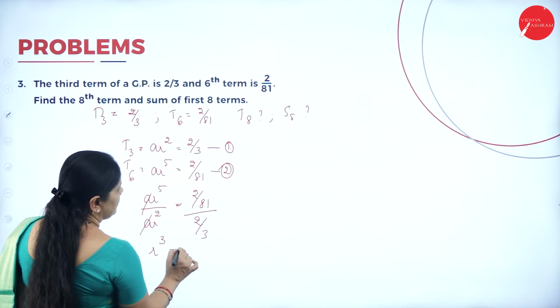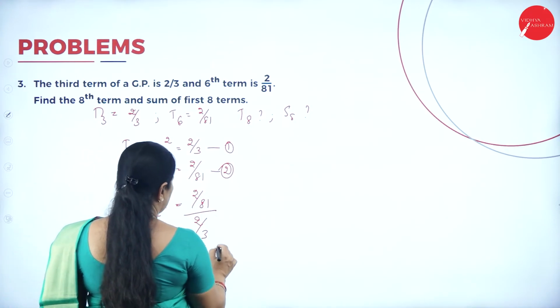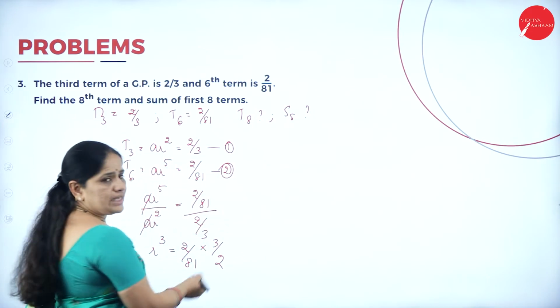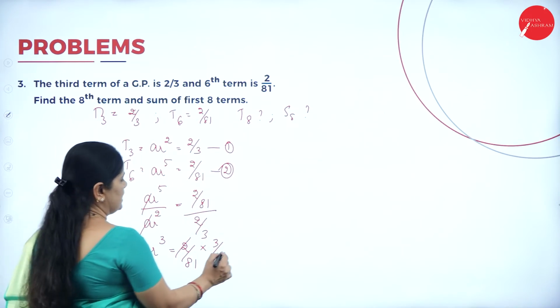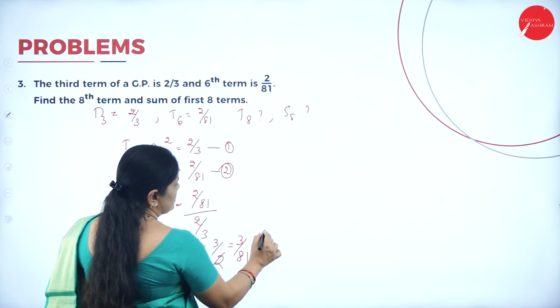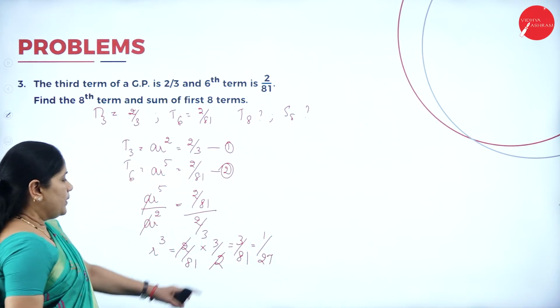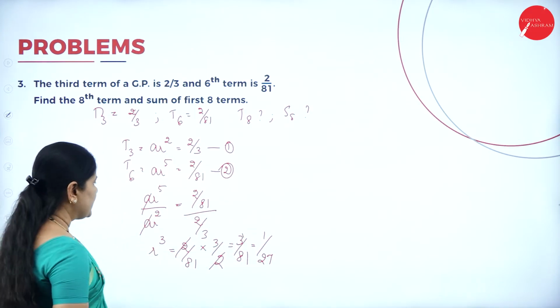R cube will be equal to 2 by 81 into 3 by 2. I have to take the reciprocal here. So 2 and 2 get cancelled. This will be 3 by 81, which is equal to 1 by 27. When I simplify 3 by 81, I get 1 by 27.